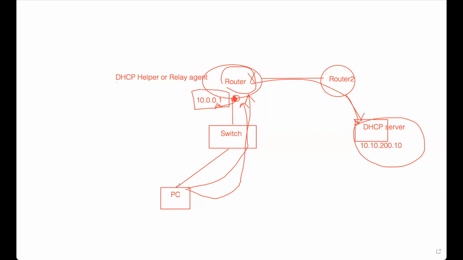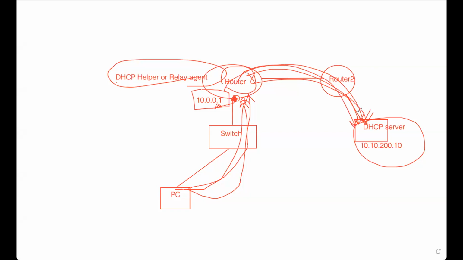When the discover message, which is a broadcast packet, comes to the router and there is no DHCP server in this subnet, we have to tell the router to use the helper or relay agent to point that request to the specific DHCP server. From now on it will be a unicast packet, because the router will route that packet to the DHCP server.